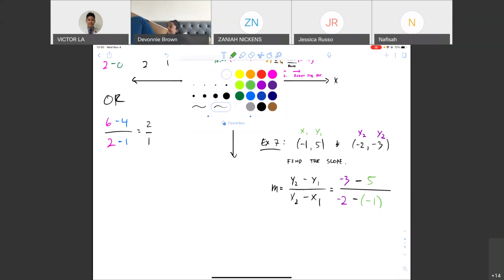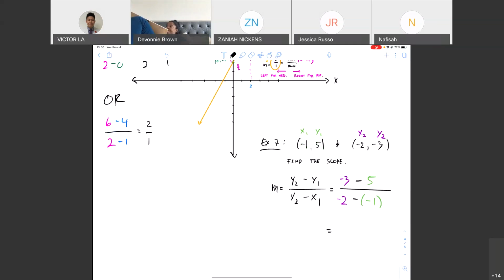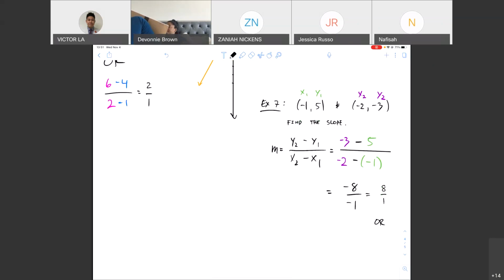So now it becomes just like a regular problem. You get a -8 on the top, -3 minus 5 is -8, and then you get -2 plus 1, which means it's -1. Your answer is actually not -8 over -1, but 8 over 1, or just 8 by itself.